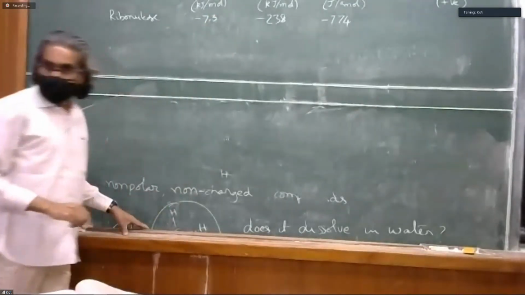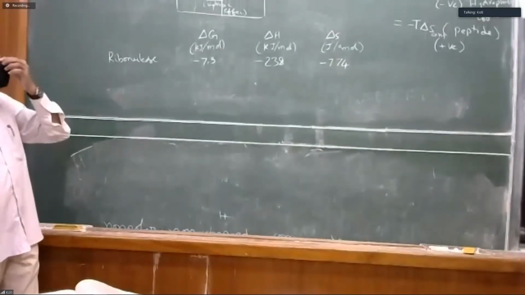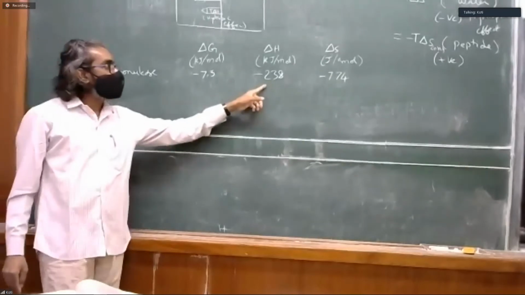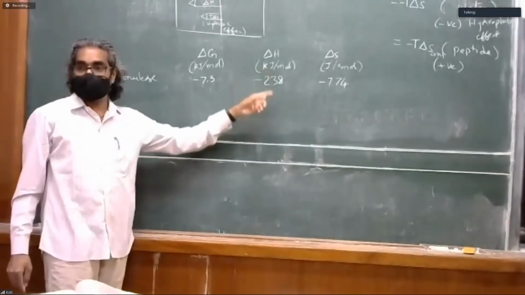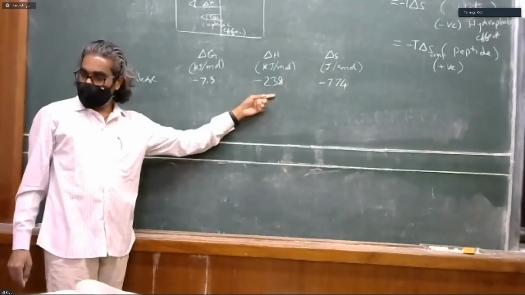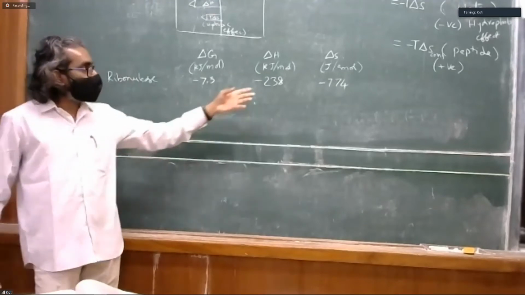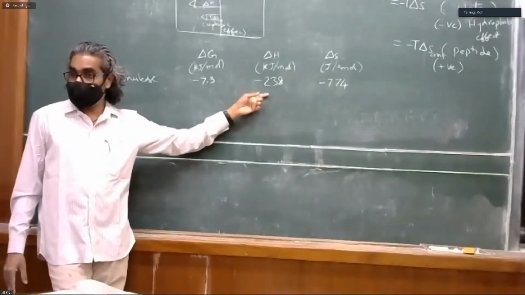For this protein, ribonuclease, the delta H of minus 238 kilojoule per mole is a very large value. It means that you have so many functional groups, and when they interact with each other, they provide so much enthalpic stabilization.